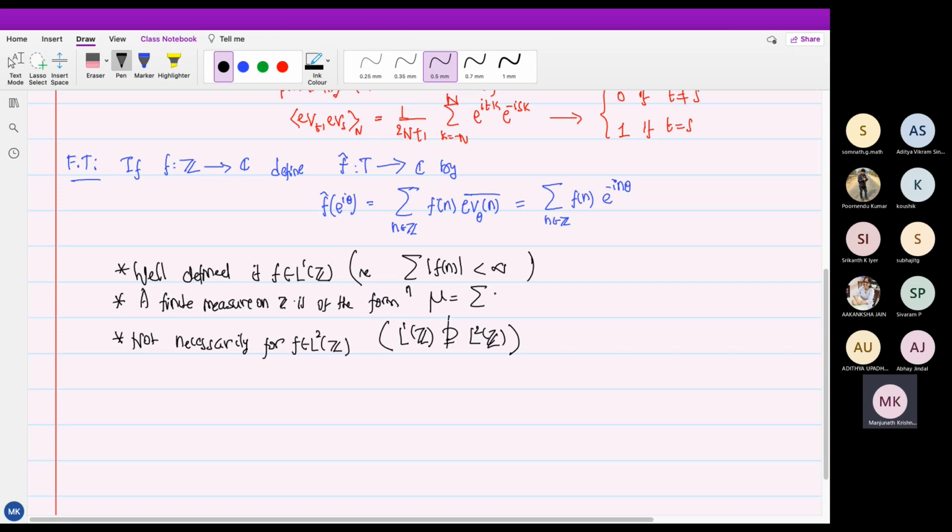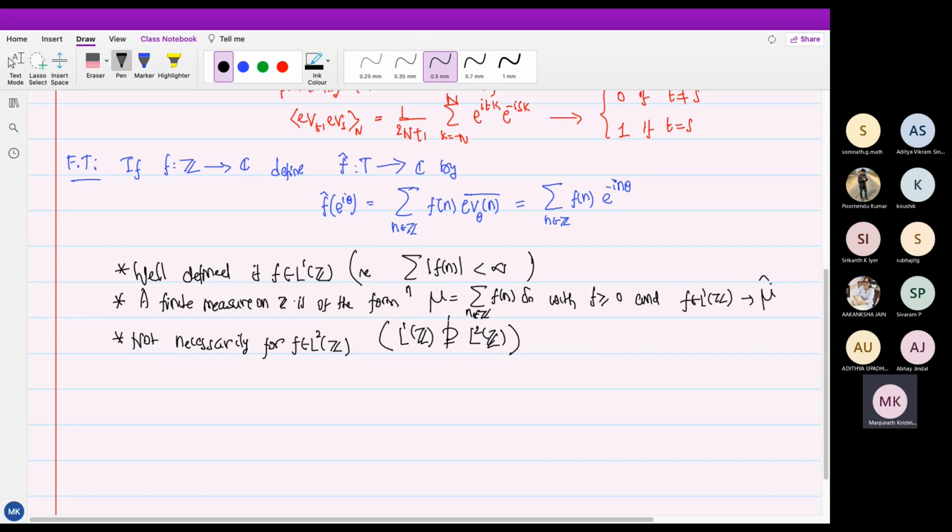It is always of the form where some atoms will be there, so let's write it as the sum of f of n delta n in Z, and if I want positive measures, f will be non-negative and f in L1 of Z. So finite measures on Z can be identified with L1 functions.